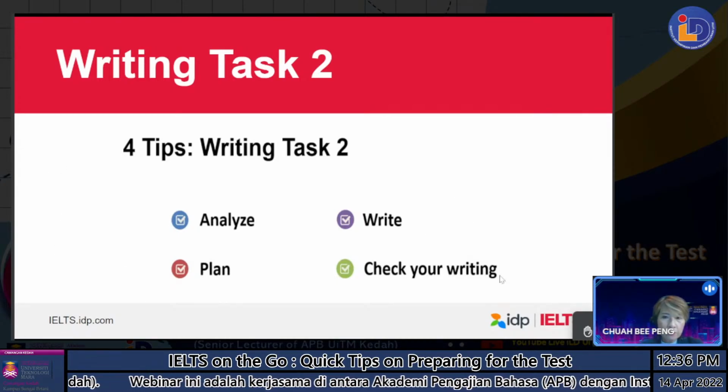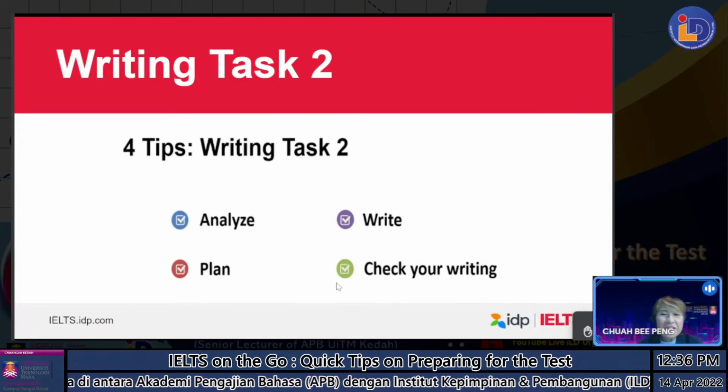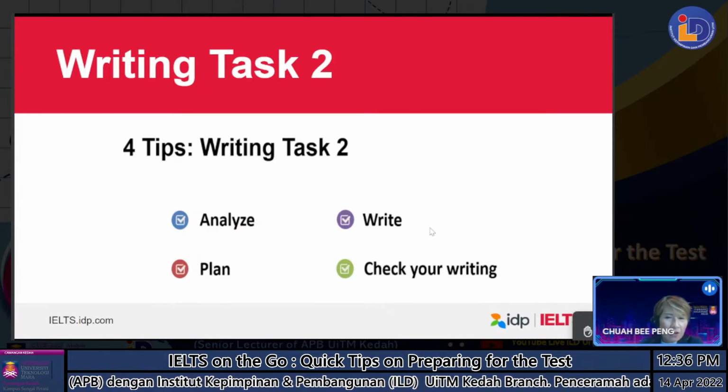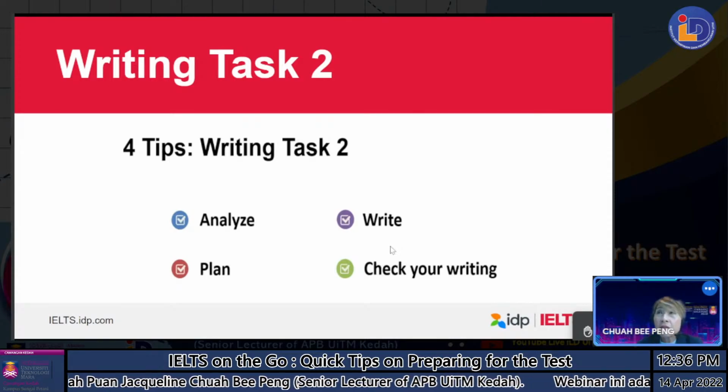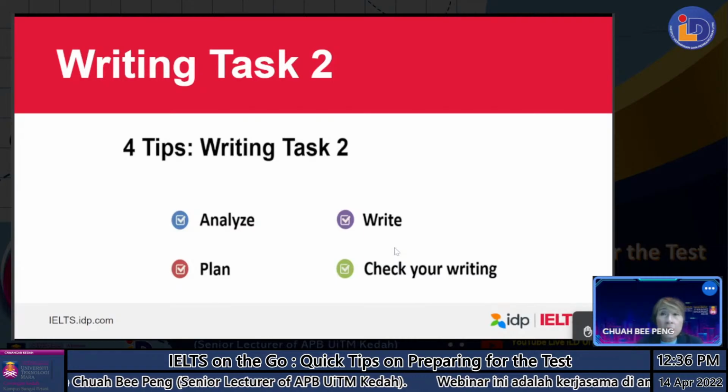I'm not too sure you have time to check your writing. If you're a very good, efficient, effective writer, you might have time to check your writing. That would be good. But if not, then just focus on writing and complete it. It's very important for you to have the head and the tail. Don't just write a very impressive introduction and a beautiful body, and then no tail, no closing.